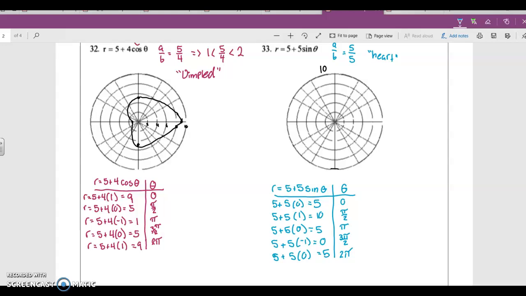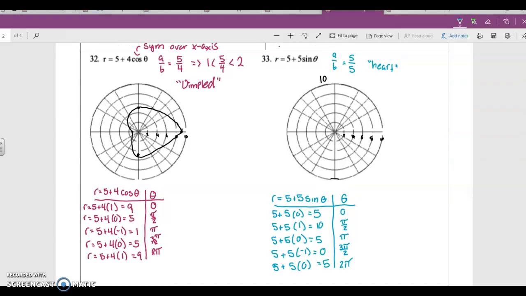Again, we're going to pretend that these lines each have a distance or a marking of 2, 2, 4, 6, 8, 10. So, starting at theta equals 0. When theta equals 0, our radius is equal to 5, so we're between these two right here.